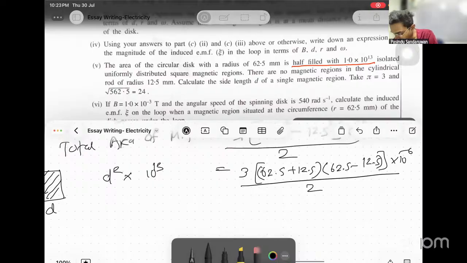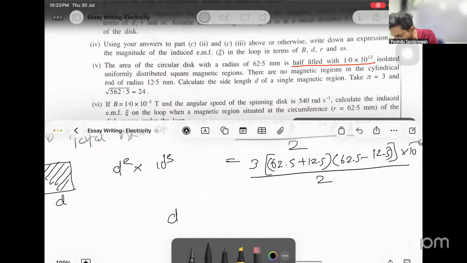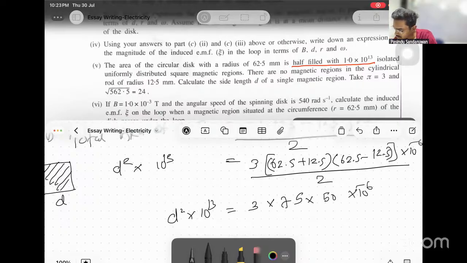This is d squared. So d squared times 10 to the power 13 equals 3 times 75, since 62.5 plus 12.5 is 75, times 50, times 10 to the power minus 6 over 2.